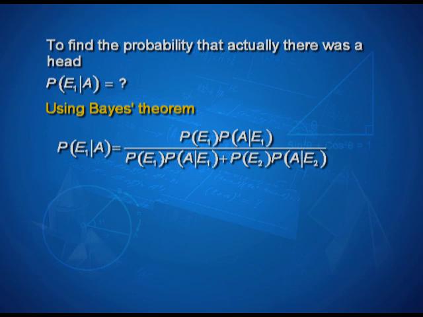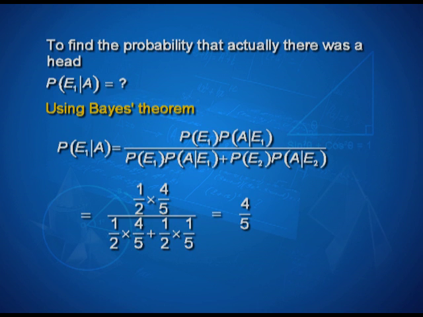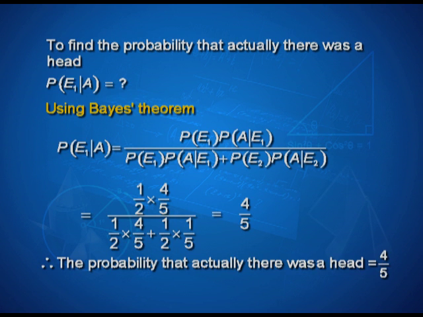So, therefore, in this case probability of E1 given A is same as probability of a head when it was reported as a head, which by Bayes theorem, again an expression which now should be familiar, is probability of E1 into probability of A given that E1 has happened divided by probability of E1 into probability of A given that E1 has happened plus probability of E2 into probability of A given that E2 has happened. Plug in the values that we have already calculated and a simple calculation gives you the probability that actually there was a head to be 4 by 5.